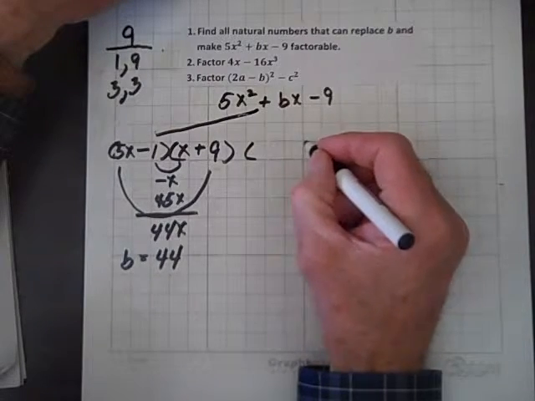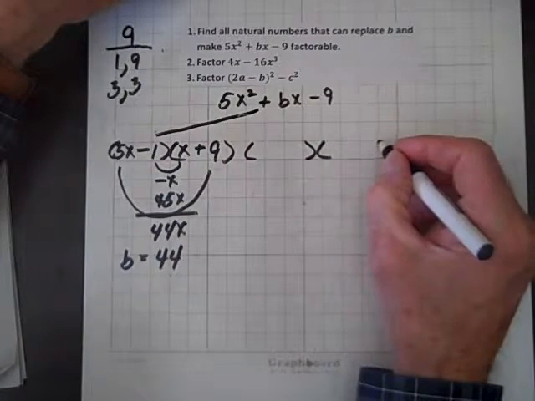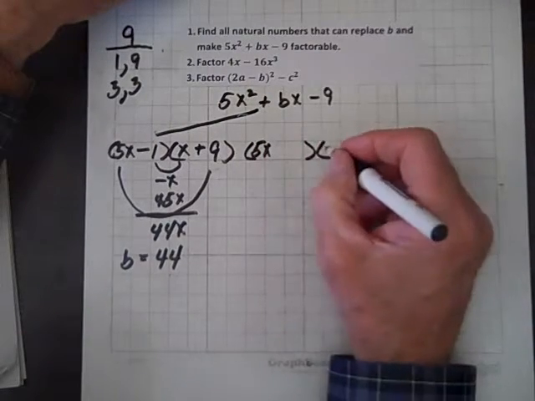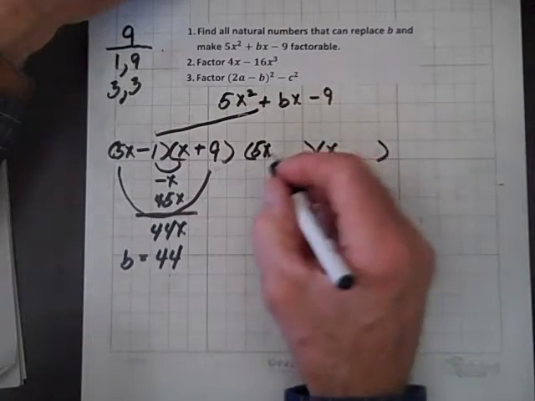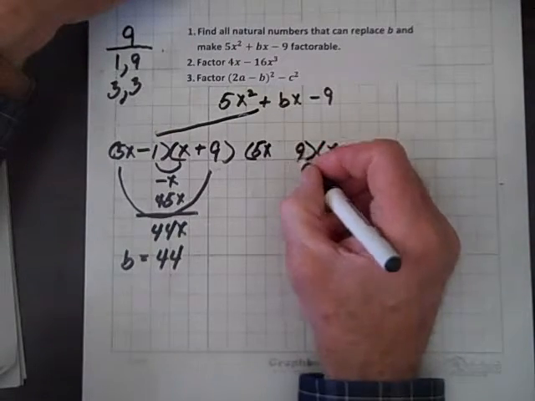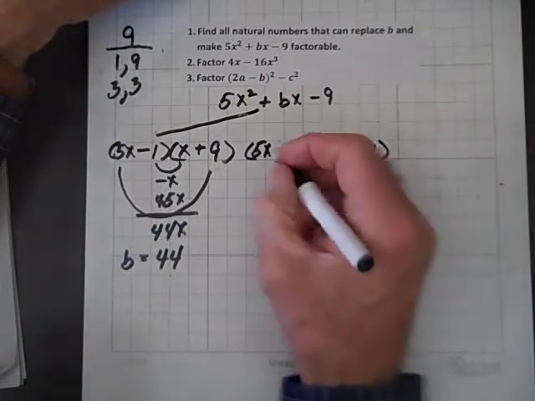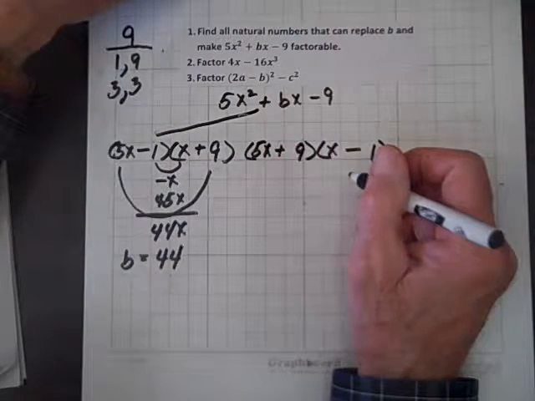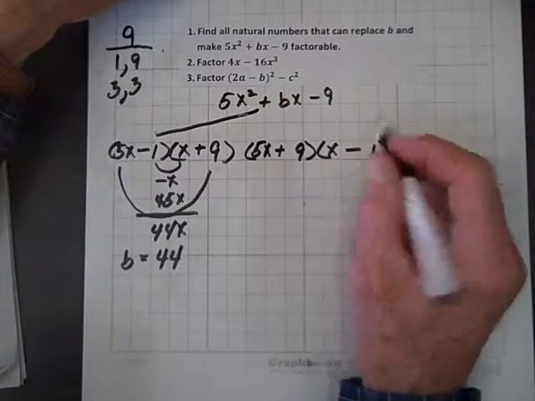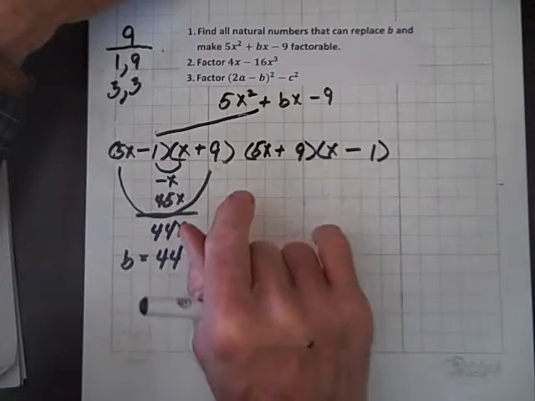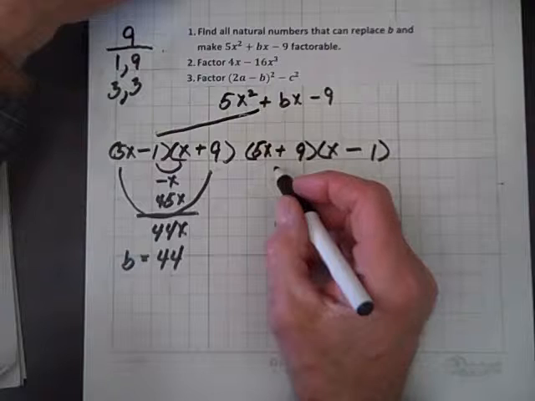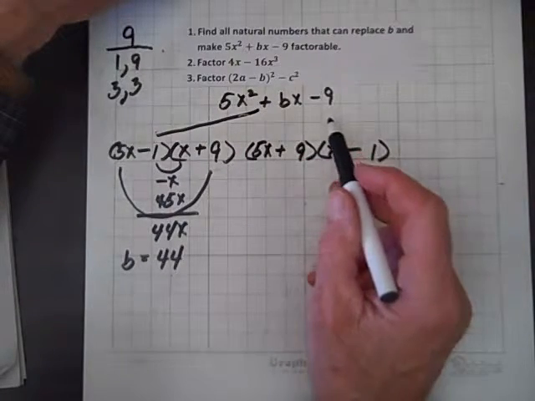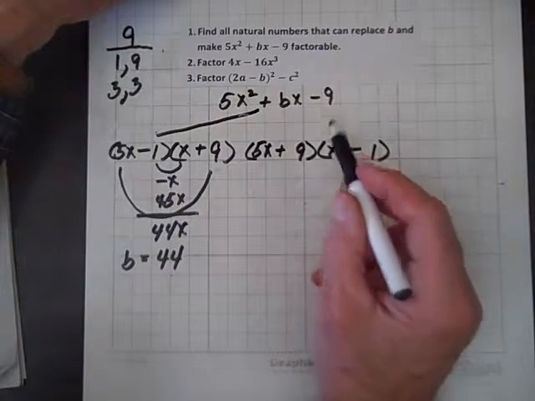Now, let's try another case. And there's our parentheses. Factors of 5x squared are 5x and x. And now let's switch the positions of 1 and 9, but let's maintain a positive on the 9 and a negative on the 1. Now, we already know the product of the two first terms is 5x squared, and the product of the final terms is negative 9.